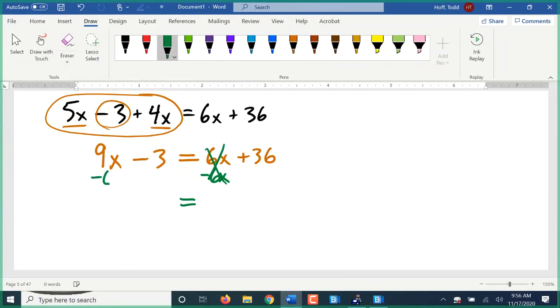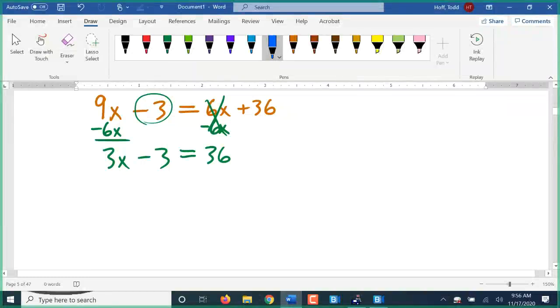So we'll subtract the 6x from the 9x. So now 9x minus 6x is 3x. We still have the minus 3 there, haven't done anything with it. On the right side, we just have the 36. The 6x is gone. Now we've combined what we can on both sides. We've made sure the variable is on just one side. Now we can solve it. Now we can take it apart.